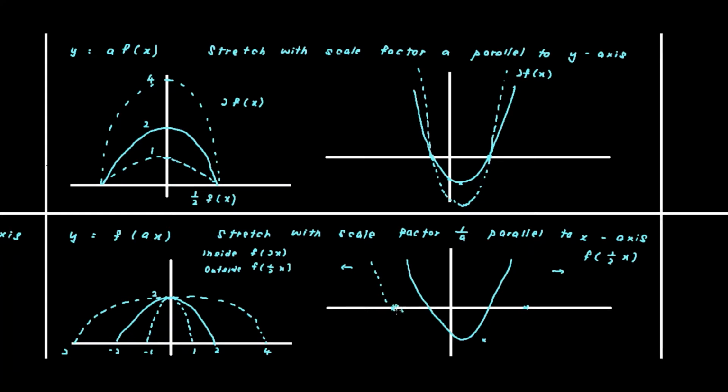Sorry, let me try to redraw. So it will still pass through the same axis. It's a bit difficult for me to draw, but you get the idea. So the minimum point is over here. The same thing, it will move outwards again, like this, and then go up.